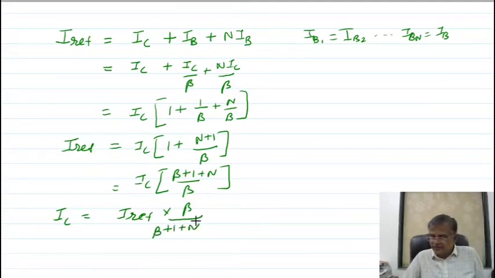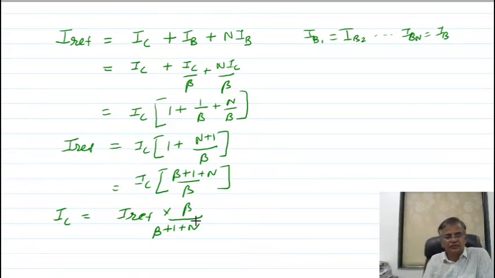It is the same circuit you studied in the current mirror. If you remember the current mirror, we have got IC is equal to I reference into beta upon beta plus 2. If only one transistor is there, you put N is 1. So what is your equation? IC is equal to I reference into beta upon beta plus 1 plus 1, so beta plus 2.